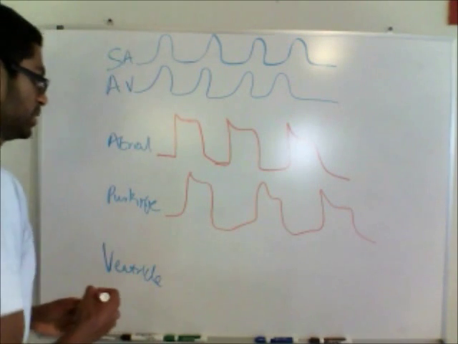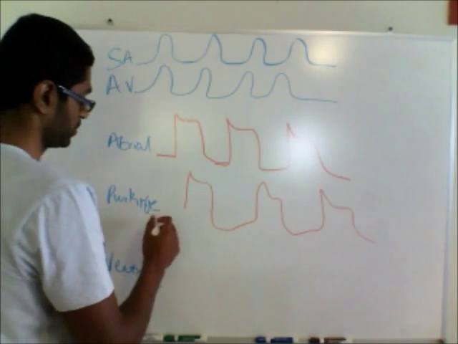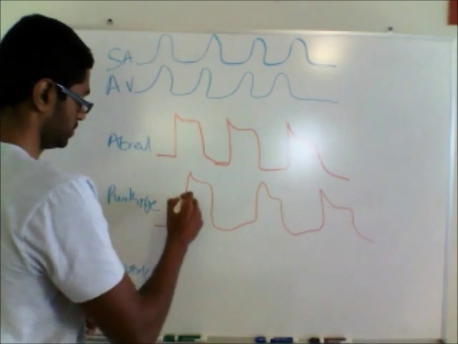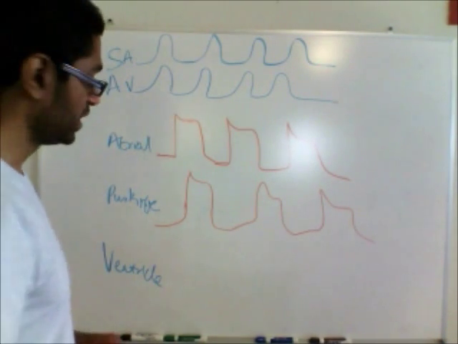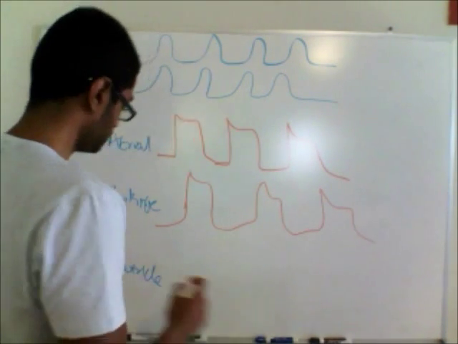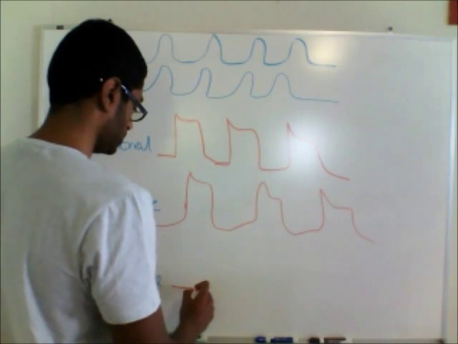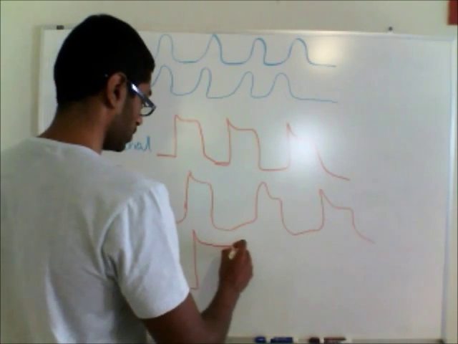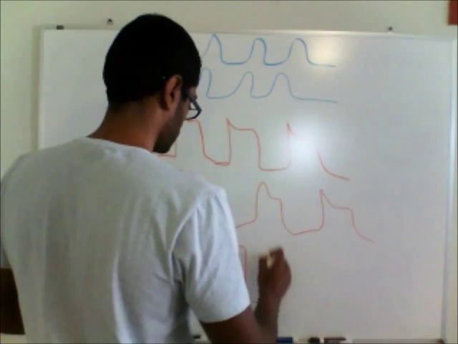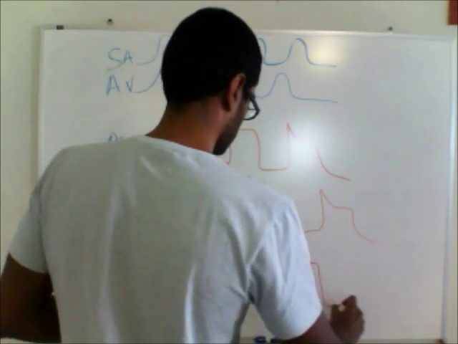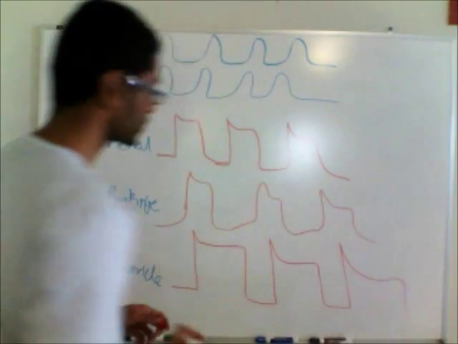Okay, something like that, where you can still see that creeping up effect. And finally, you have your ventricle. And we already mentioned that. It's very simple. Spike, long plateau. Spike, long plateau. Spike.